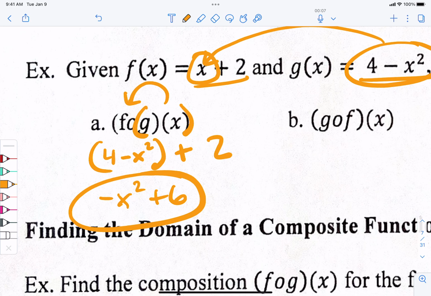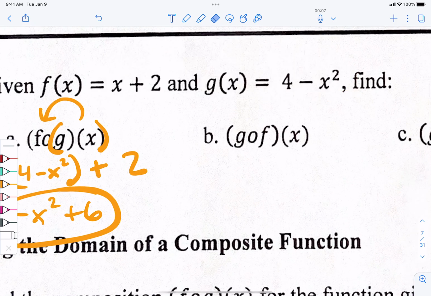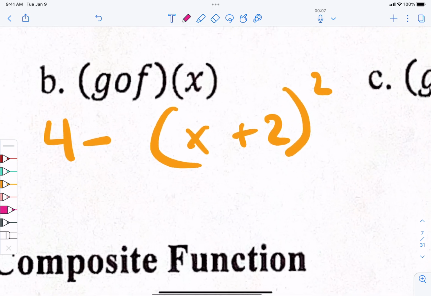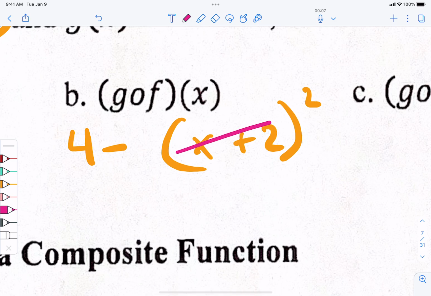Now g composed of f, this is the reverse. Now this is the ugly part where we have to FOIL, right? We're taking this and sticking it into the x squared. So instead of 4 minus x squared, we plug the x plus 2 in there, right? Do you know off the top of your head what x plus 2 squared is? x squared plus 4x plus 4.